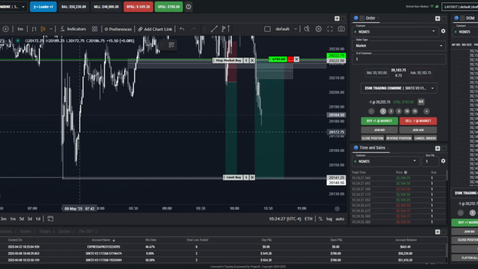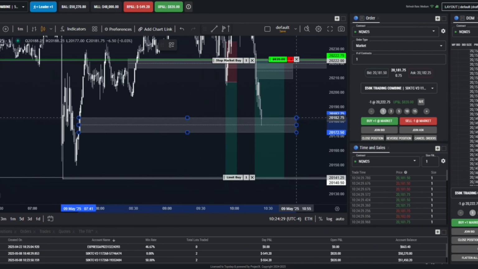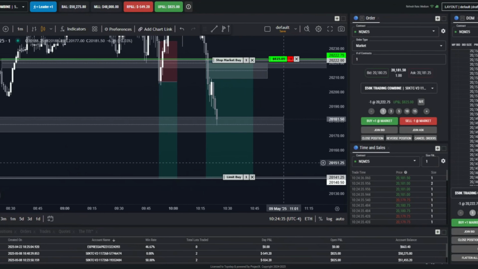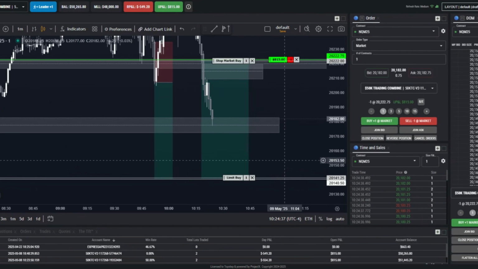Once price inverses this 1 minute bullish fair value gap, I will trail my stop and let the runner run.